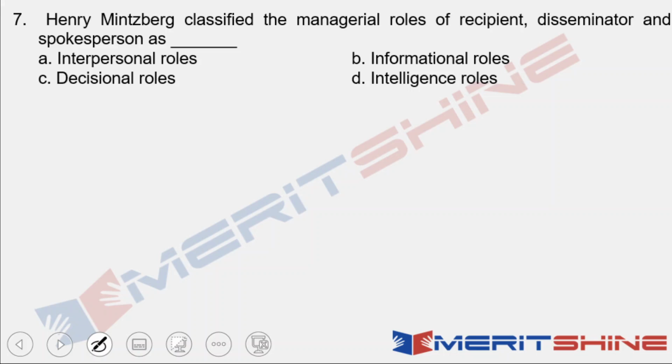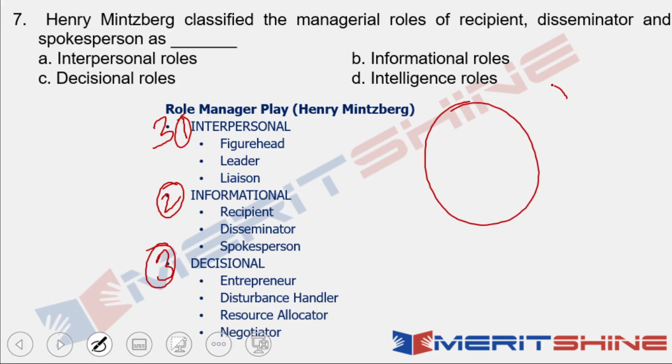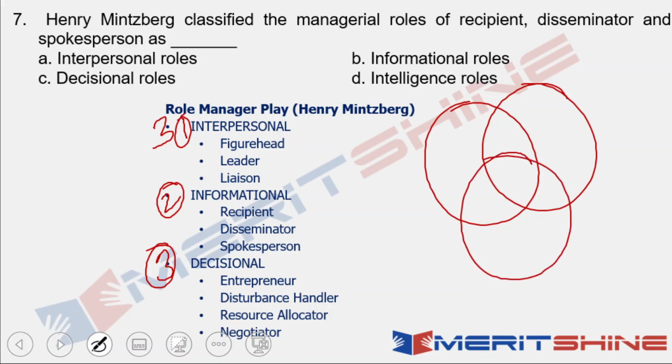Before we move on to do this question, let me show you Henry Mintzberg's role theory. So this is the role managers play by Henry Mintzberg. There are 3 roles: 1 interpersonal, 2 informational, and 3 decisional.